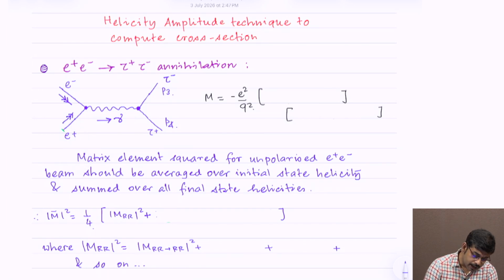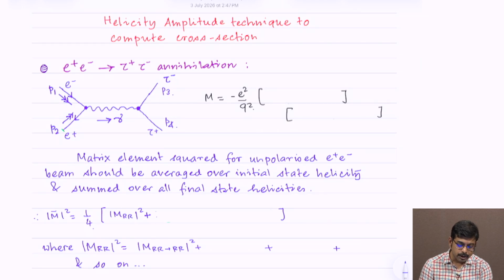Because this is an electron, the fermion flow will be along the direction of the momenta, and for the positron it will be opposite. The momentum that we assign is once again P1 for the electron and P2 for the positron.